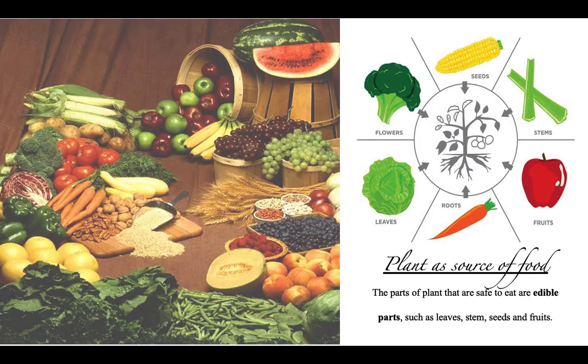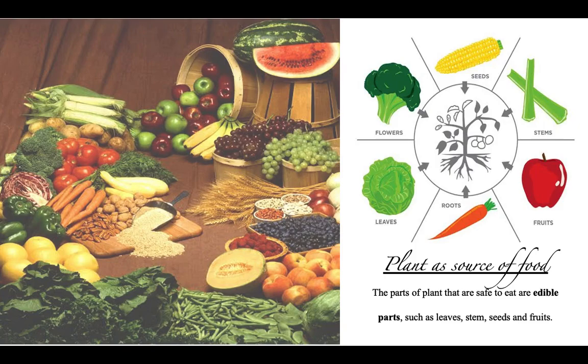Carrot, turnip are some of the roots of the plant that we eat. Potato, ginger are other examples of stems of the plant that we eat. Fruit, on the other hand, includes pumpkin, tomato, or even apple.